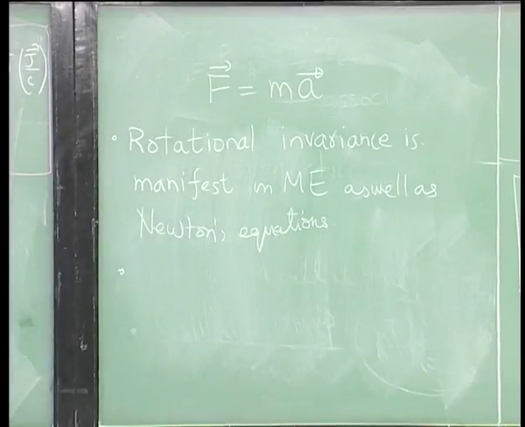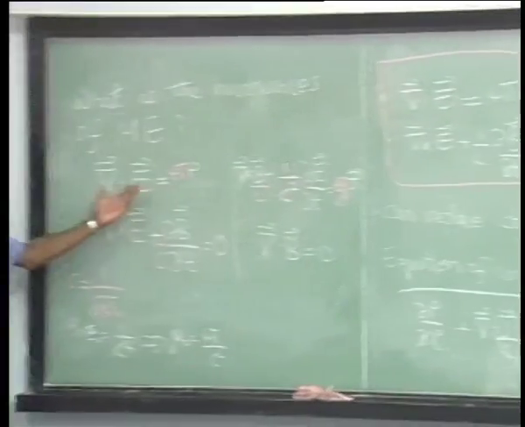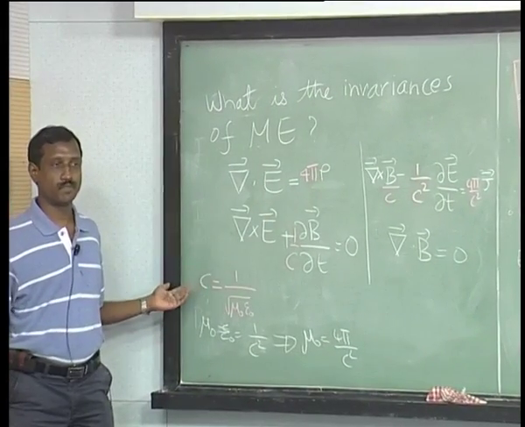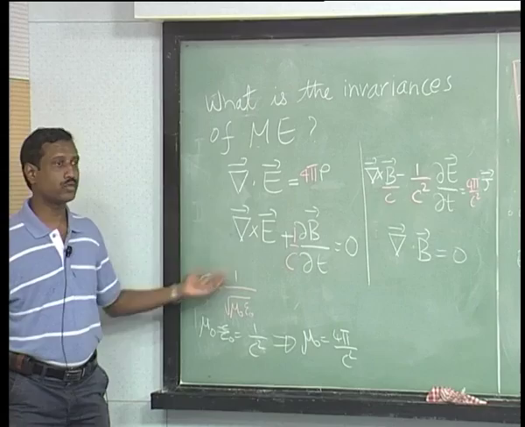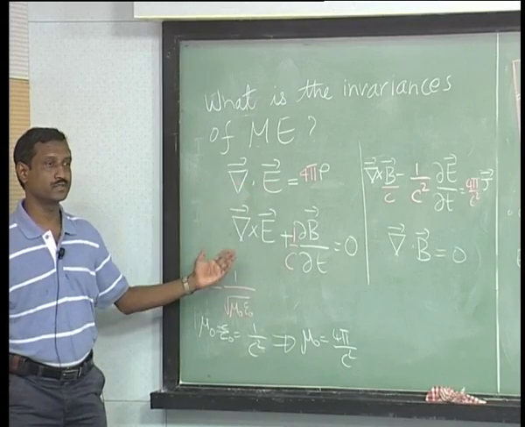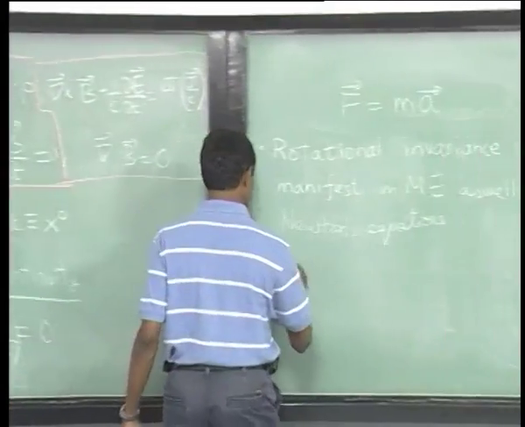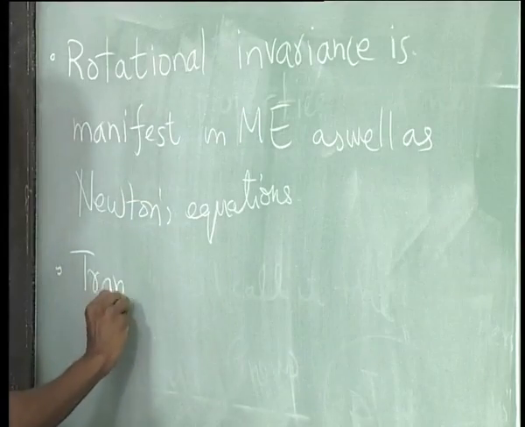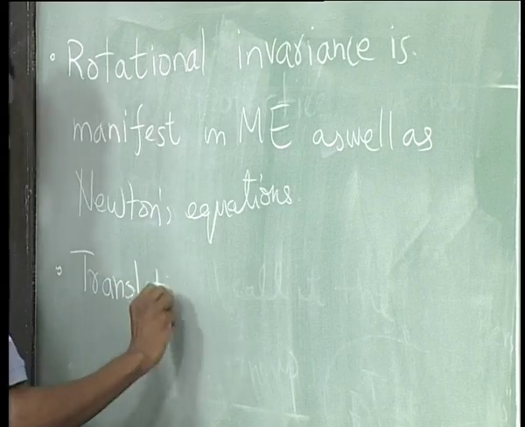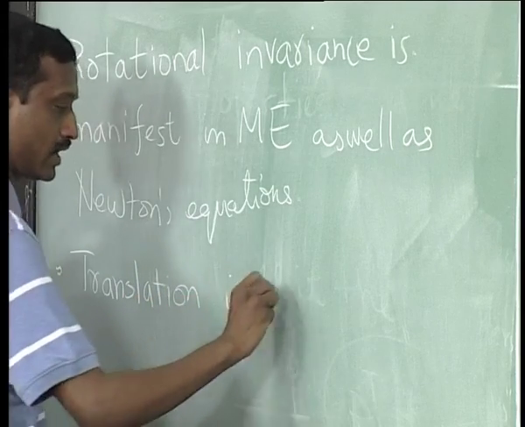But what about translations? You can see that there is no explicit dependence on time or spatial coordinates in any of these equations. So, translational invariance in space as well as time.